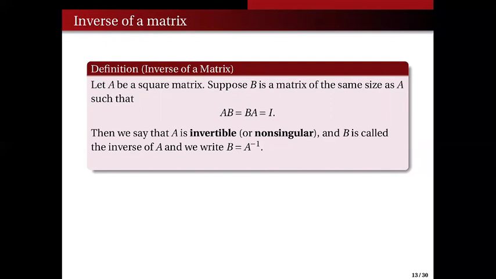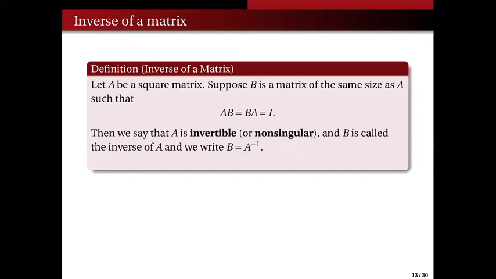So first, this is not 1 over A. In fact, we don't have this notation; we are not going to use it. It will not make sense for us. So don't write the inverse of A as 1 over A. Some students think that there is a division on matrices.